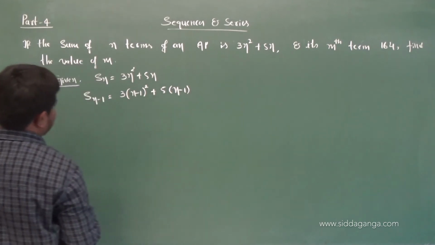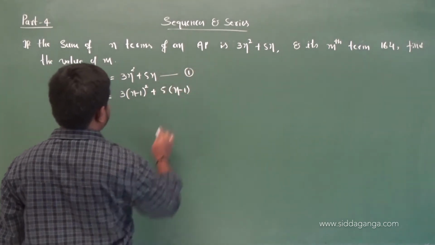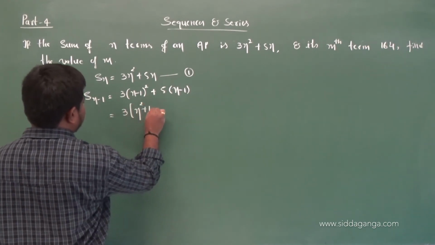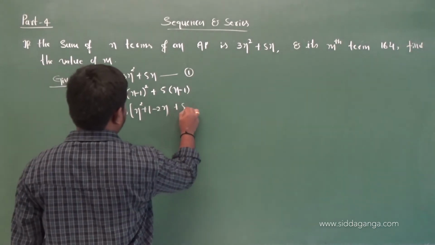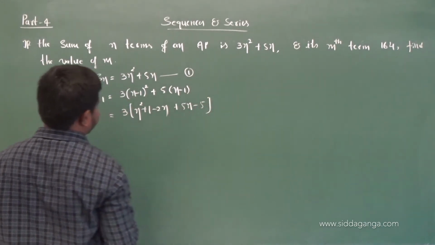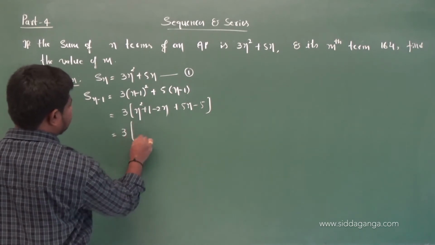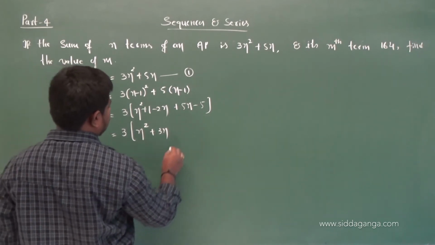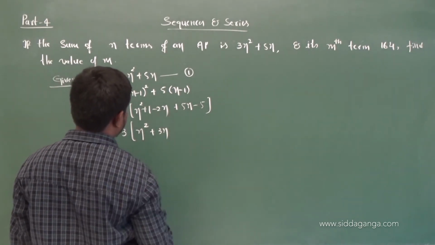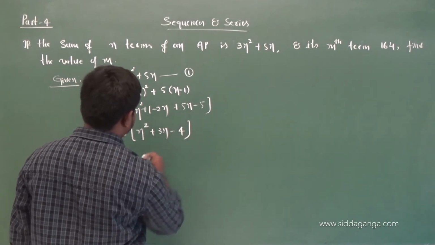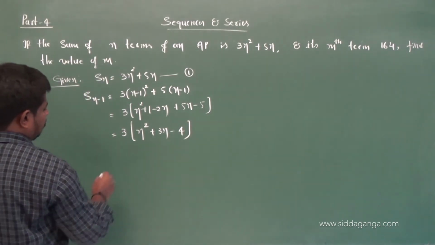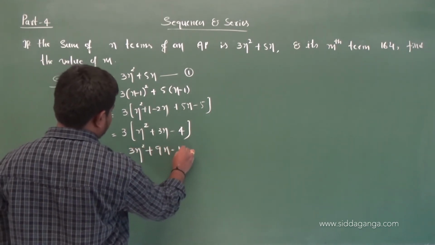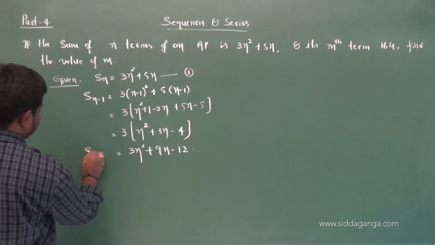So, replace the n by n minus 1. This gives 3 into n square plus 1 minus 2n plus 5n minus 5. This gives 3 into n square plus 3n minus 2n plus 5, 3n, so minus 4, or this is equal to 3n square plus 9n minus 12. Take it as equation 2.